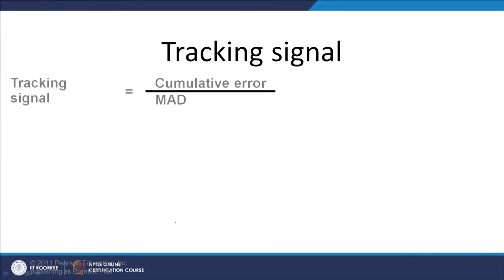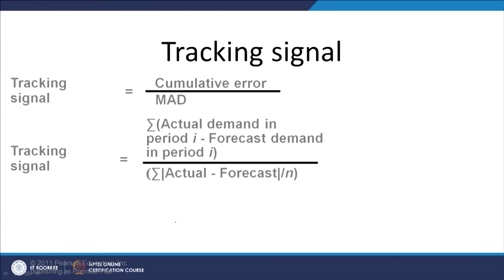So, for tracking signals we need to calculate certain things. The tracking signal is calculated through the cumulative forecasting error and the mean absolute deviation.